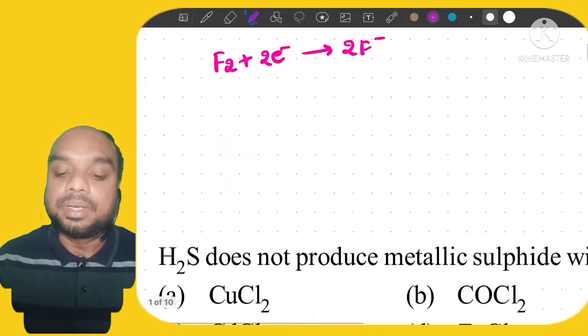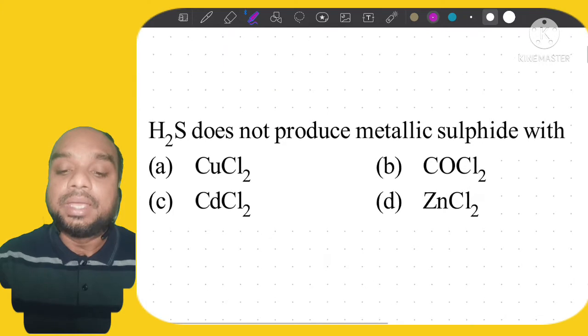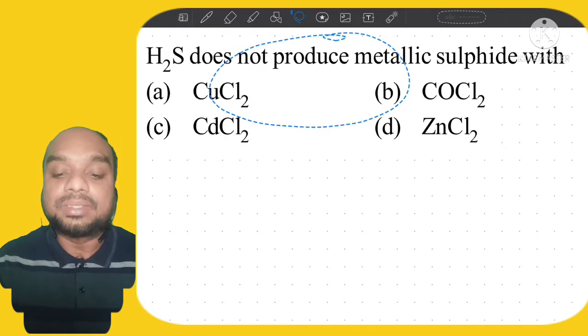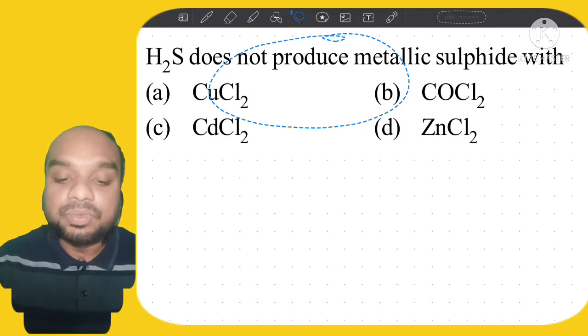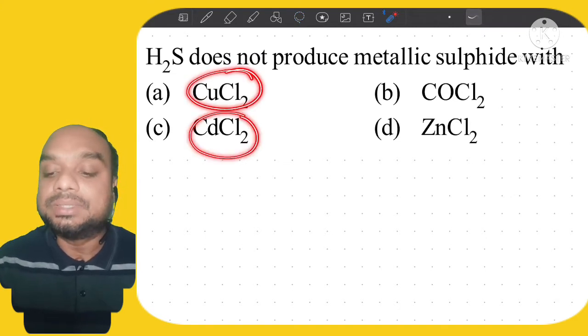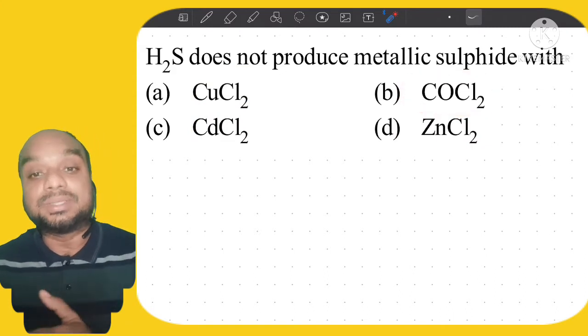Next question. Next one is H2S. Hydrogen sulfide does not produce metallic sulfide with which compound? Here, the compounds are copper chloride, cadmium chloride, zinc chloride and COCl2, carbonyl chloride, phosgene.